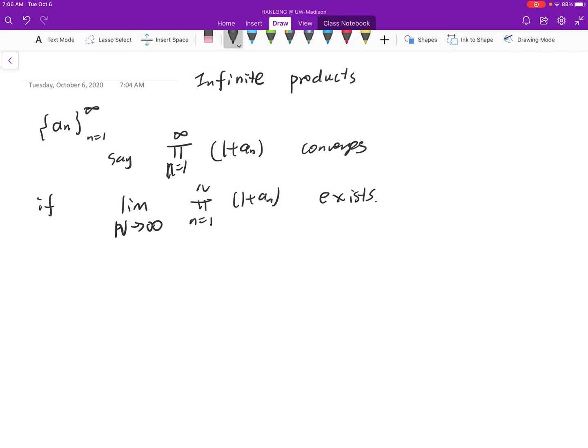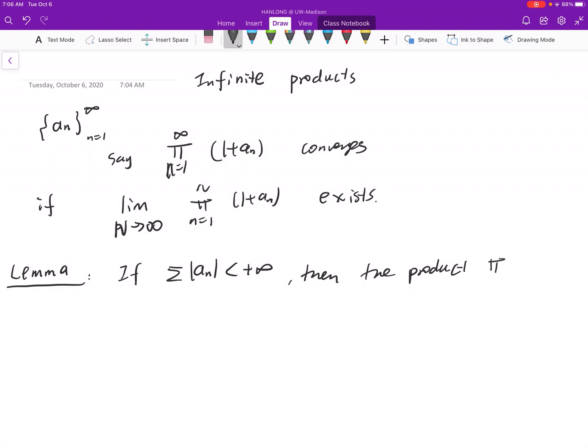The initial question is, do we have some condition on the convergence of the infinite product? The answer is that we have the following convenient lemma. If the summation of the absolute value of the sequence an is finite, then the product from n equals 1 to infinity of 1 plus an converges.